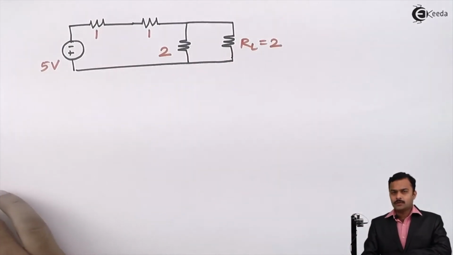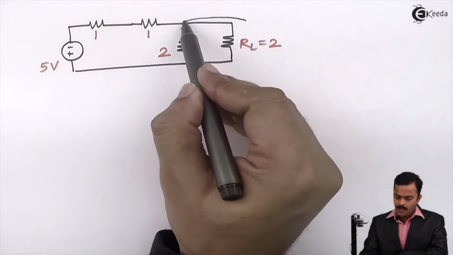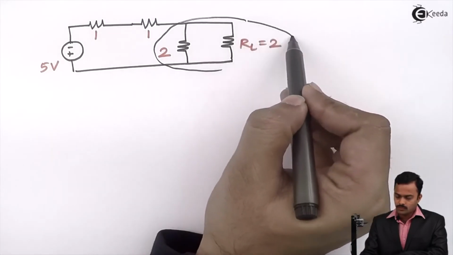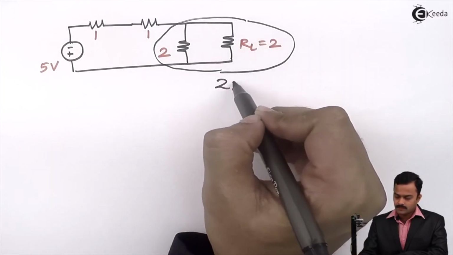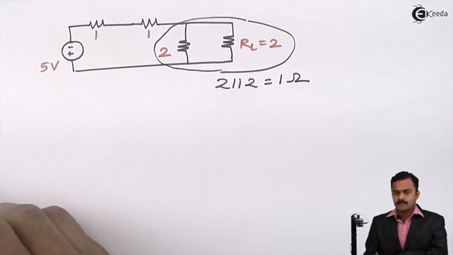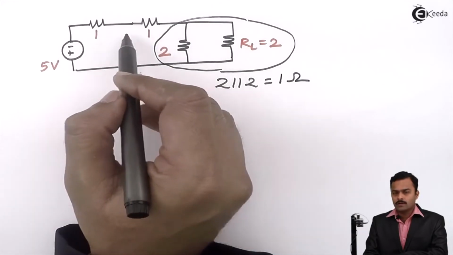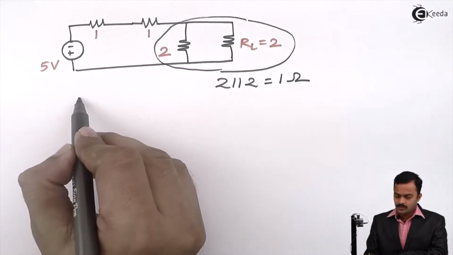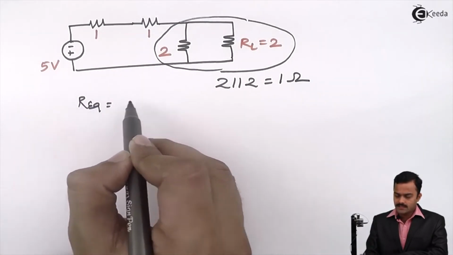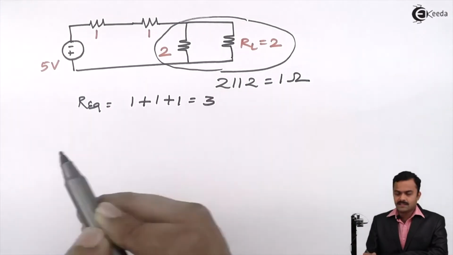Now what I can do is convert this parallel combination of 2 ohm resistances, which will give me 1 ohm, and this 1 ohm will come in series with these two 1 ohm resistances. So R equivalent, I can say 1 plus 1 plus 1, which is 3.